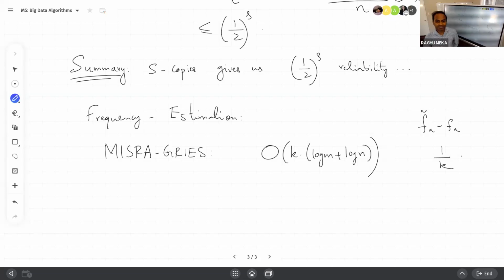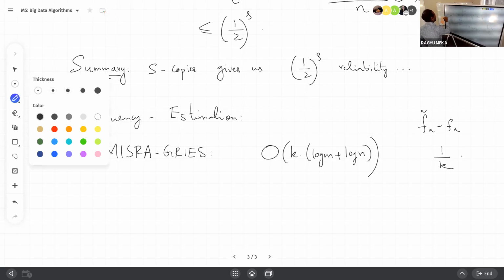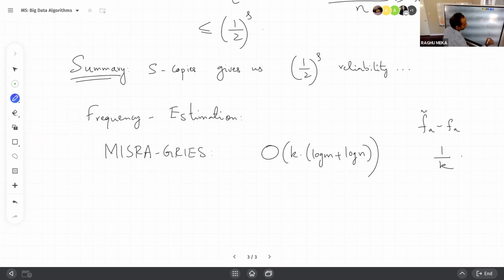So in a sense, if I flip the quantifiers, let me write it maybe with a different color. If I wanted error epsilon, then I need space, which is log m plus log n divided by epsilon.